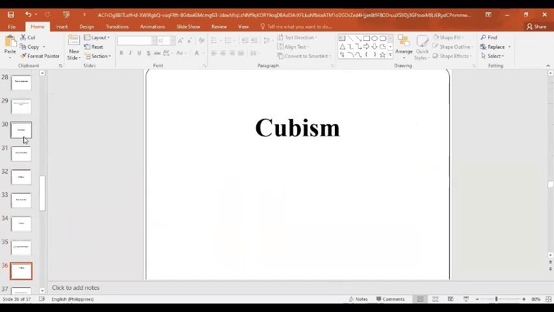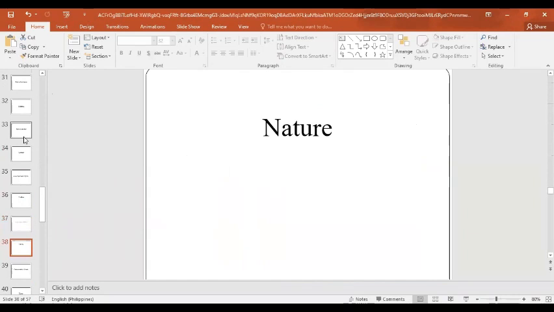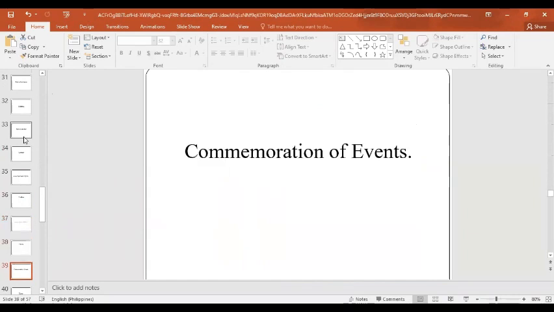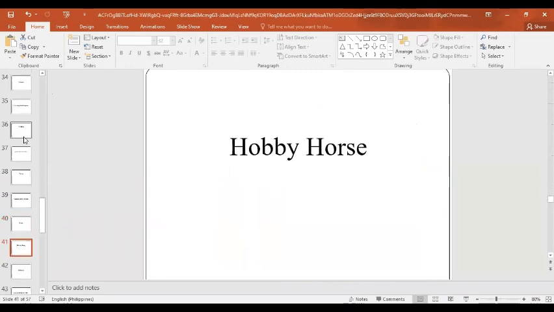How about use of geometrical figures? Okay, we have cubism. How about animals, trees, and oceans? Ano naman ito? What do you think? We have nature. How about commemoration of events? Okay, we have history. How about meaning nito ay happy horse? What is this?